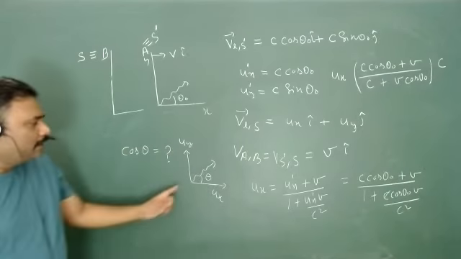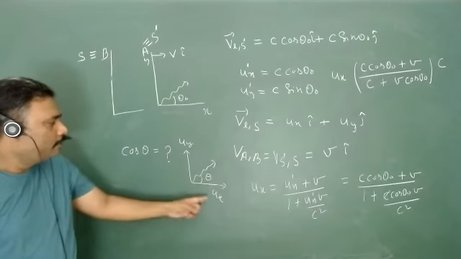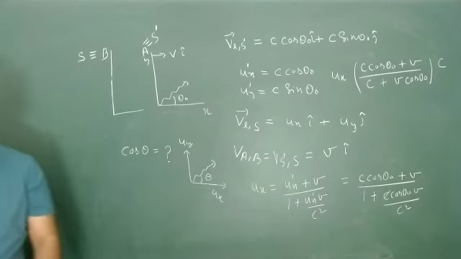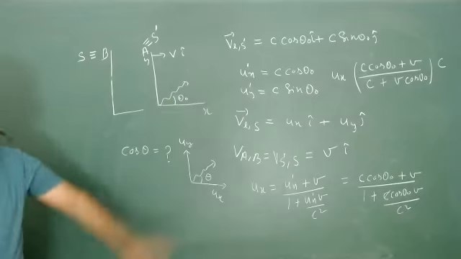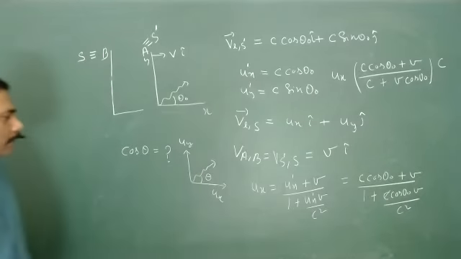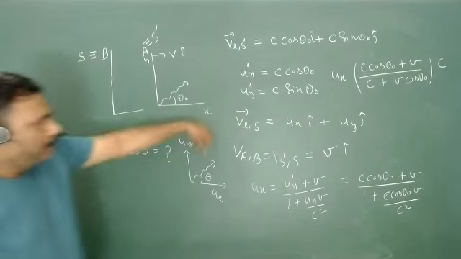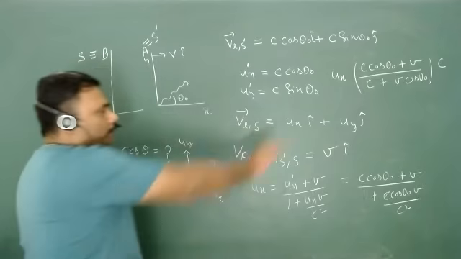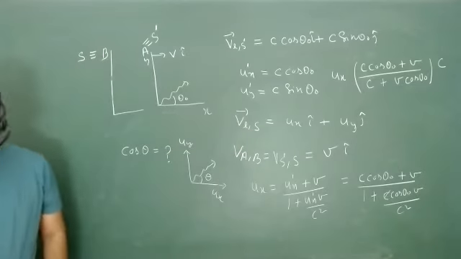Now, can you please tell me what will be the magnitude, Ux square plus Uy square? If I want to take this magnitude, what will be the value of this? Can anybody tell me?